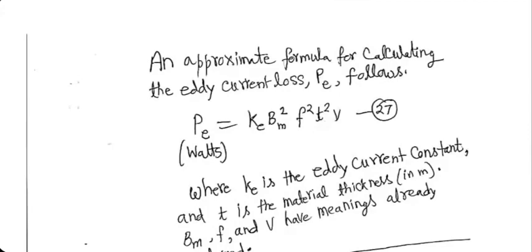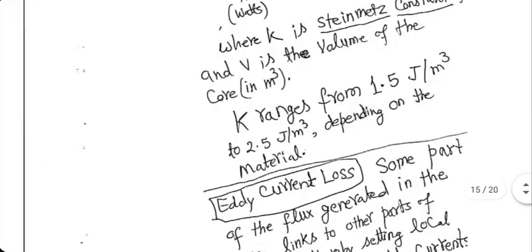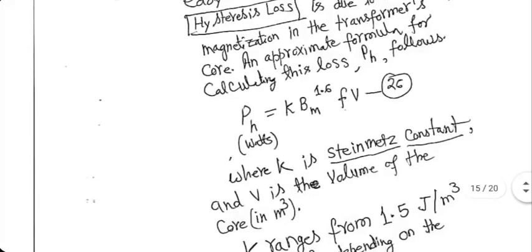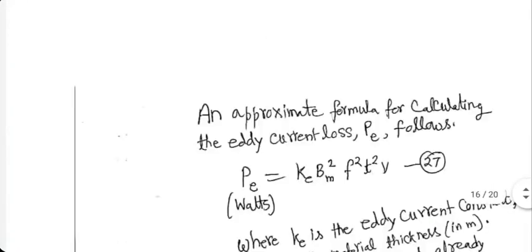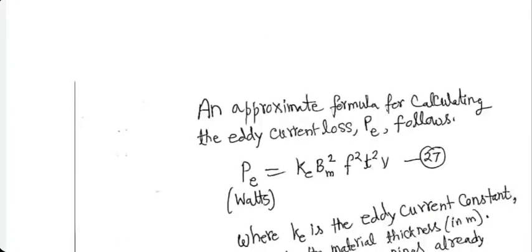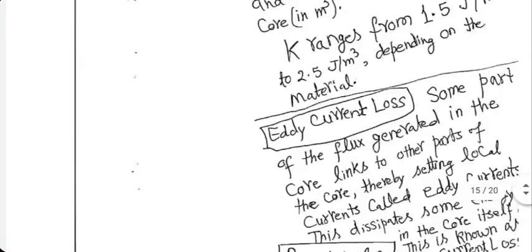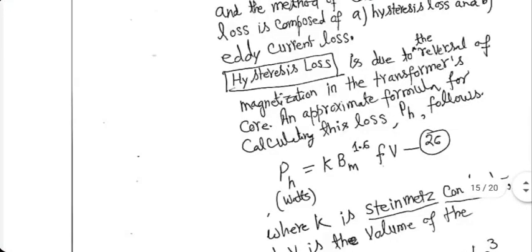This depends on square of Bm, while the previous one was depending on Bm raised to the power 1.6. A volume is involved here also, volume of the core, I mean. Frequency square matters here, while in the previous formula, it was frequency itself that mattered.